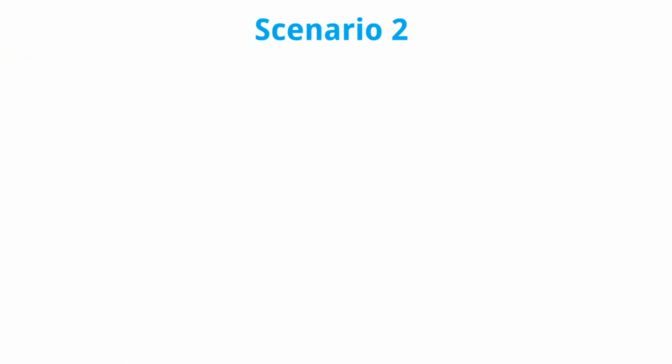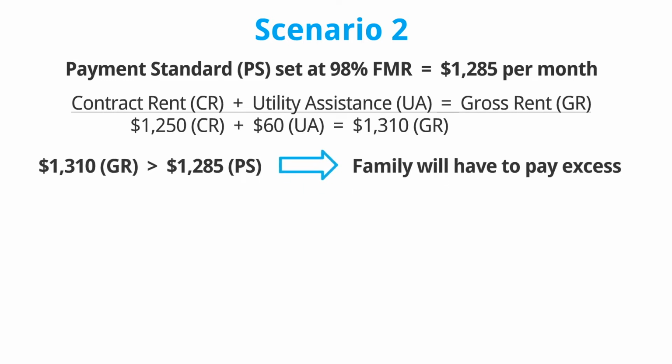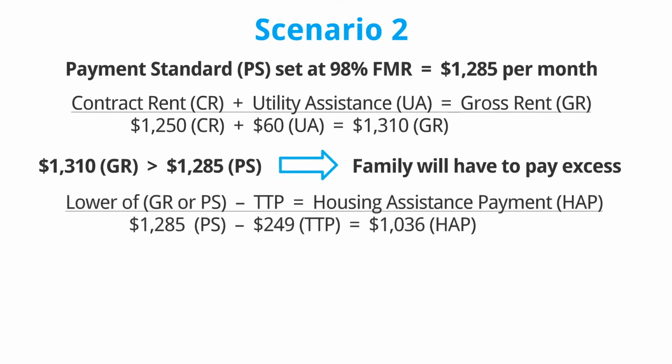In the second scenario, we have the same family paying the same $1,310 in gross rent, but the payment standard is set at 98%, or $1,285 per month. In this case, to calculate the HAP, we will again use the payment standard as it's lower than the gross rent, which means the family will pay any amount above the HAP.